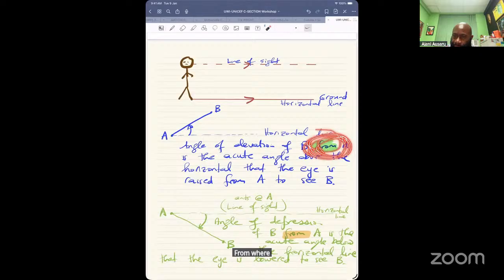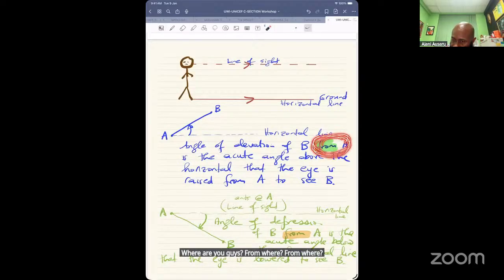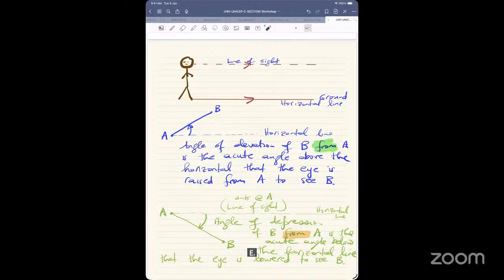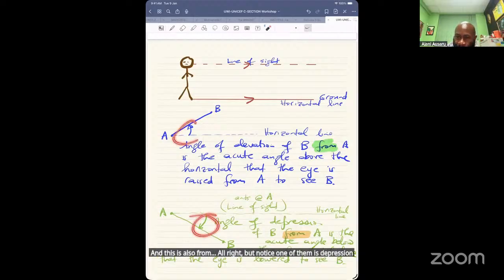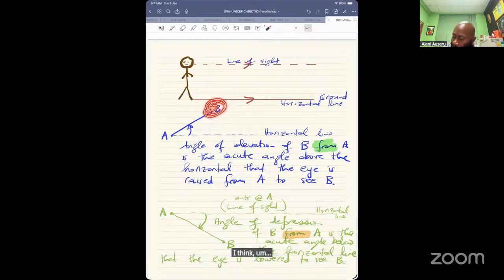From A. And this is also from? A. All right, but notice one of them is depression and one of them is what? Elevation. So in the elevation, you're looking up to B, and in the depression, you're looking down to B. Make sense?